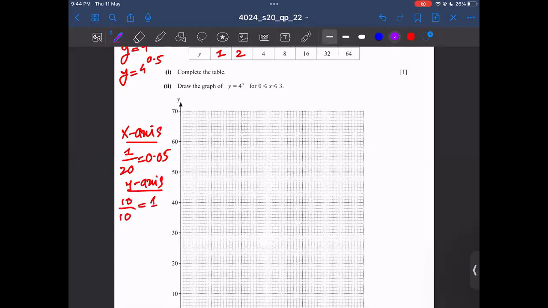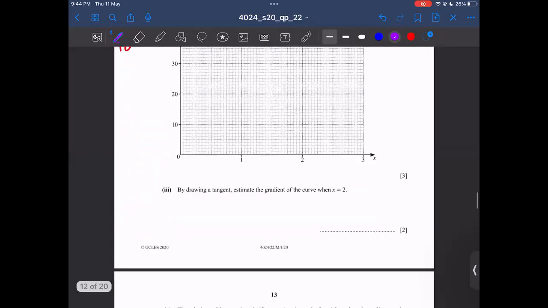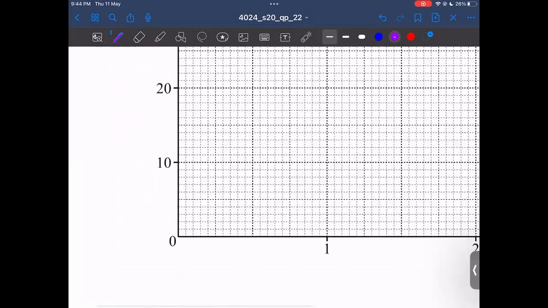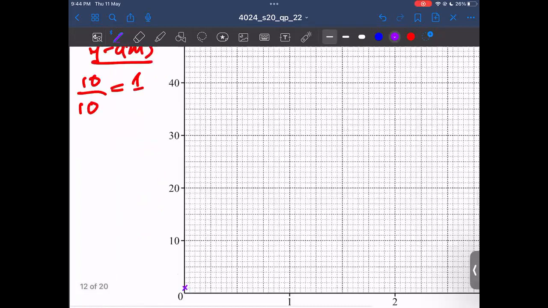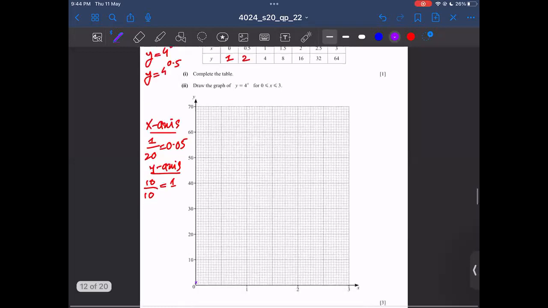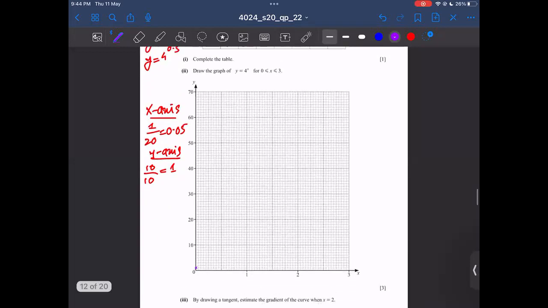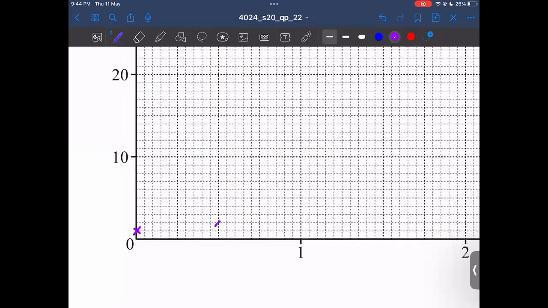So we have 0 and 1. I'm just plotting the values 0 and 1. 1 is going to be here because 1 tiny small box is equal to 1 unit in the y-axis. We have 0.5 and 2. So 0.5 is going to be here, between 0 and 1, obviously.